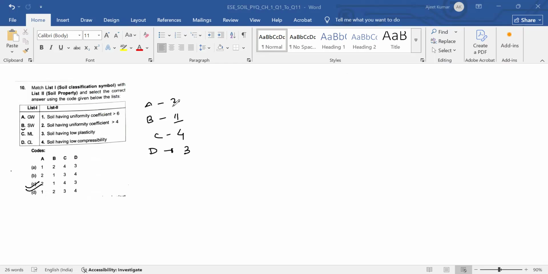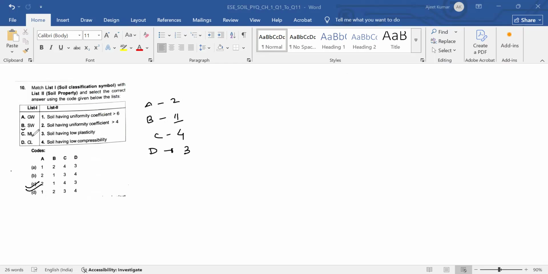GW, well-graded gravel, 2, 1. And ML is low compressibility. Soil having low compressibility and soil having low plasticity.